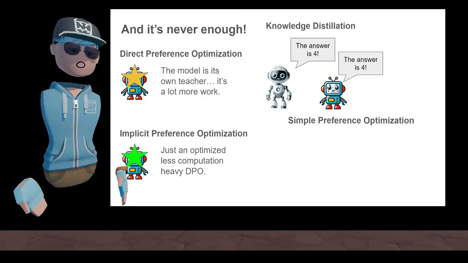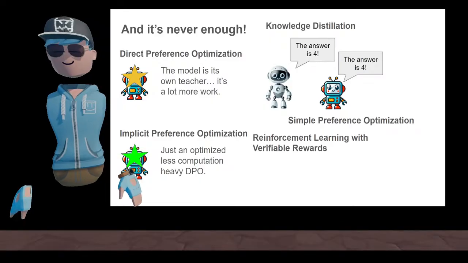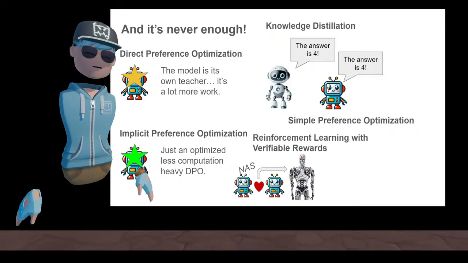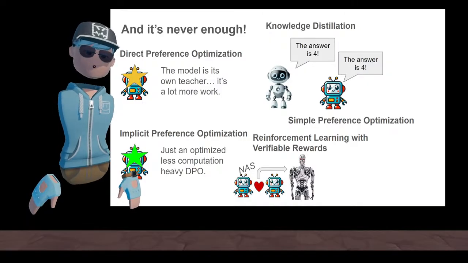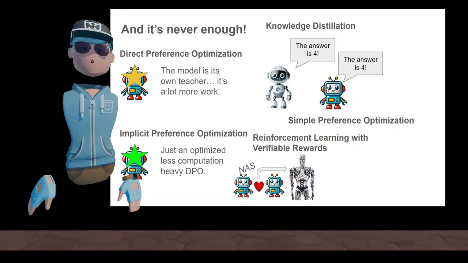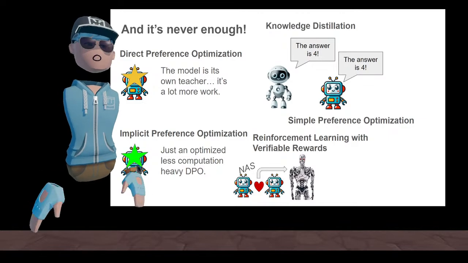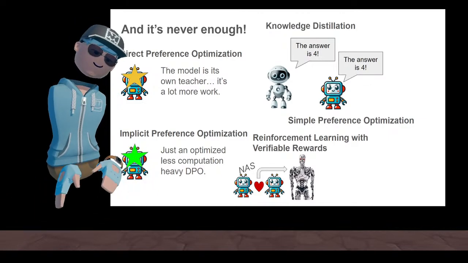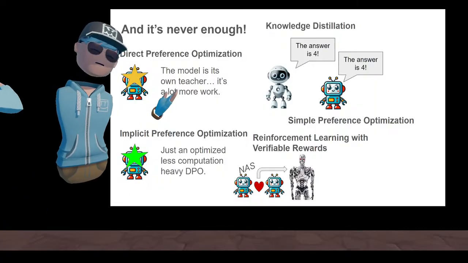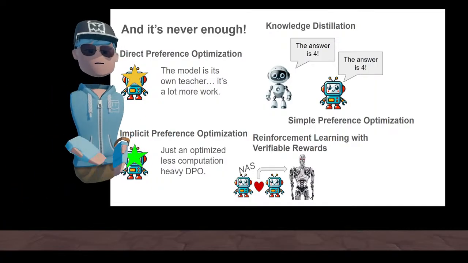If not cool ones, SPO, RLVR. There's this one that's called NAS. I guess you can call it evolutionary LLM breeding, which is weird. Please look it up if you're curious.